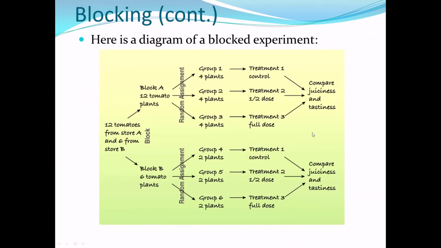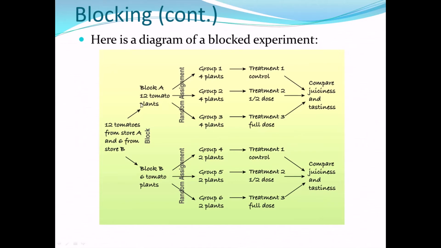Now looking at the diagram here, you can pretty much see that just the top part here is a basic, completely randomized experiment. And then it's repeated down here. So you start out with your 12 tomato plants from store A and the 6 from store B, and you separate them. So all of the store A plants form block A, and all the plants from store B form block B. Now from there, you randomly assign into groups, and the groups get treatments and so on, right?